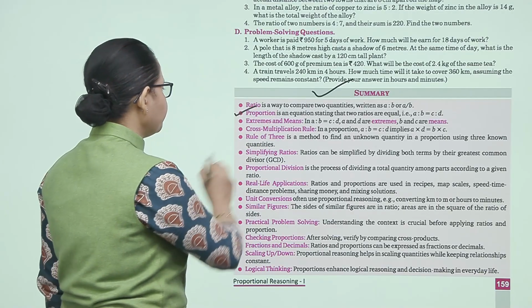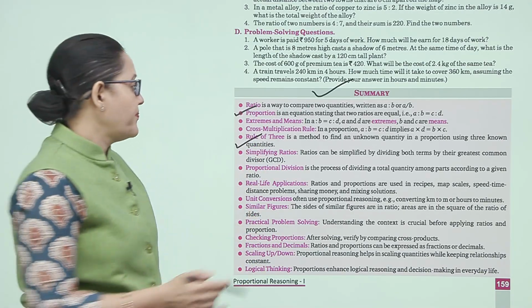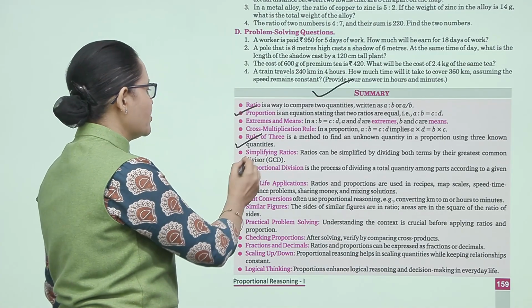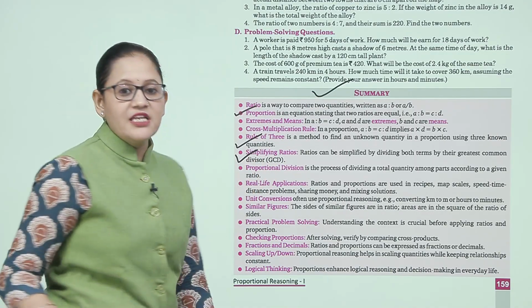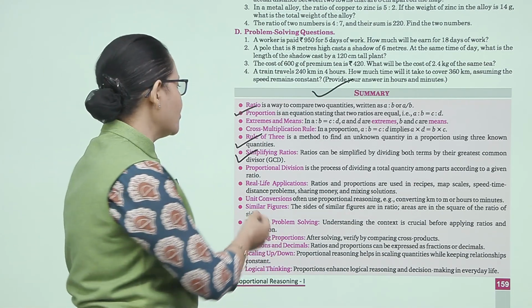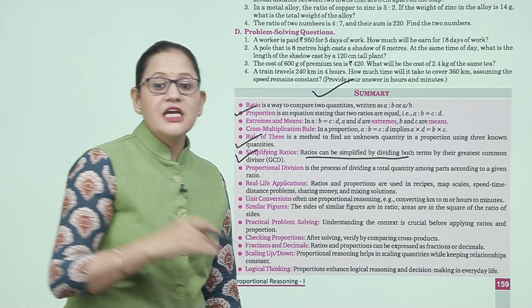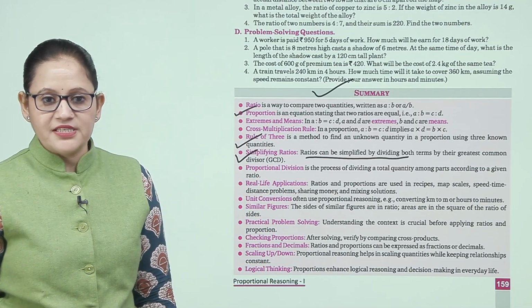Rule of 3 is the method to find an unknown quantity in a proportion using the known quantities. Simplifying ratios: ratios can be simplified by dividing both terms by their greatest common divisor.